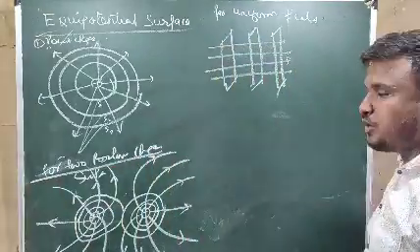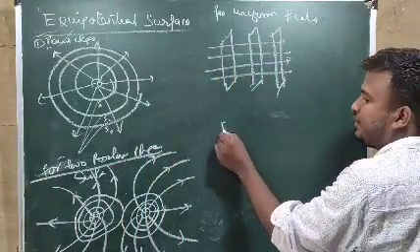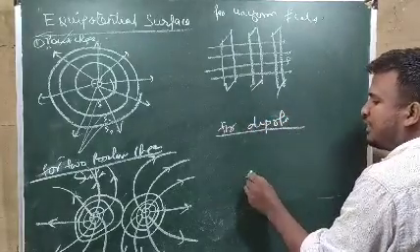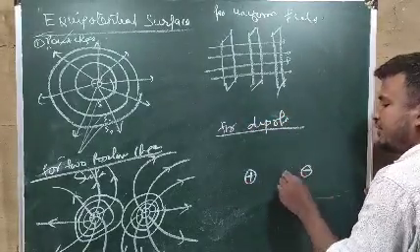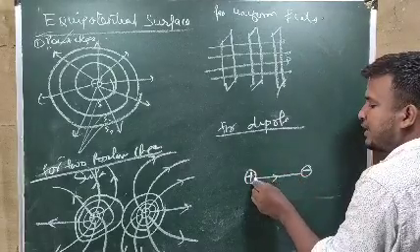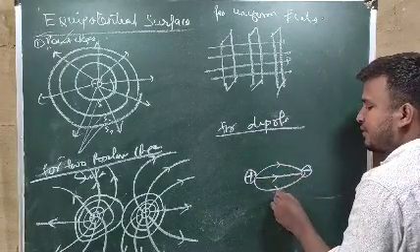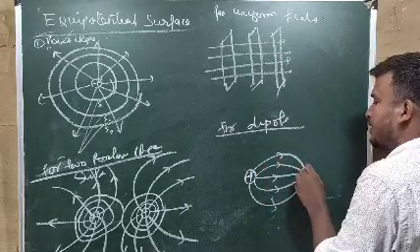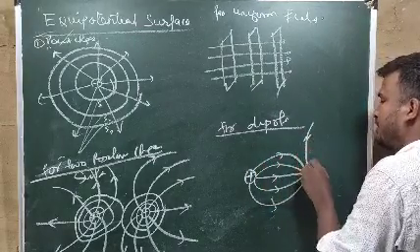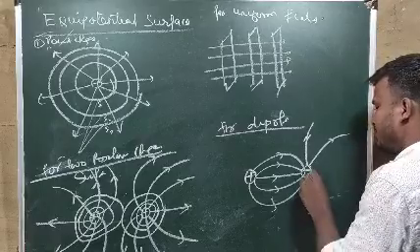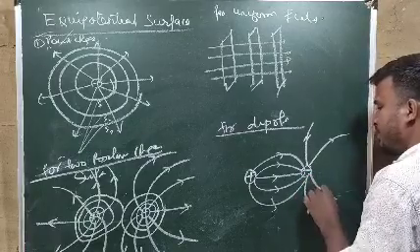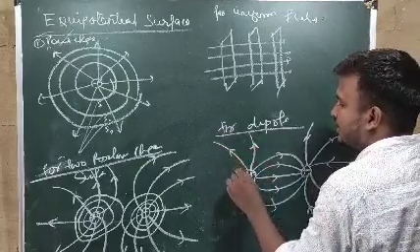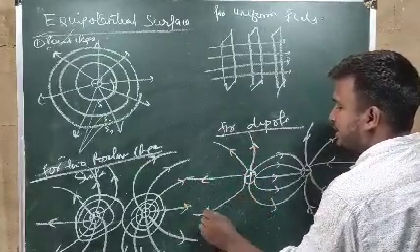Similarly, let us see it for an electric dipole. One positive charge is there and one negative charge is there. So for a dipole, how will the electric field be? It will be in this direction. This is the direction of the electric field lines, which you already know for an electric dipole.